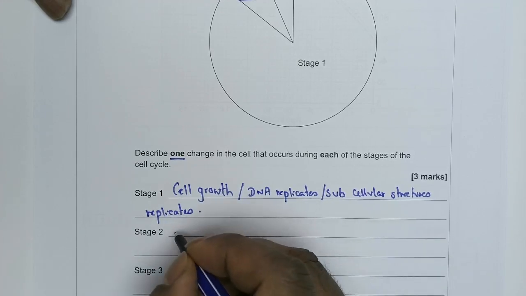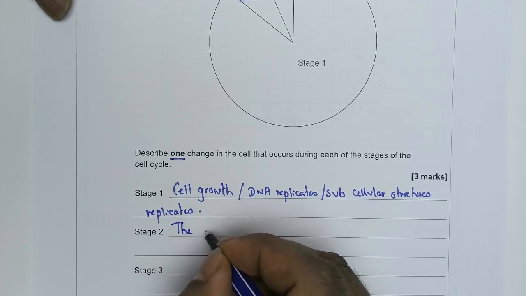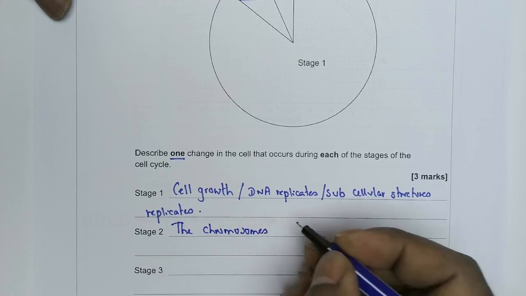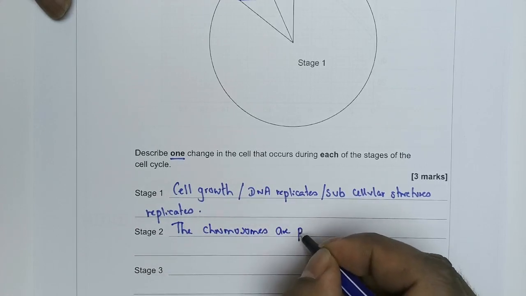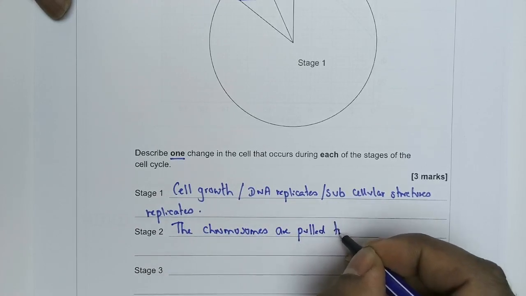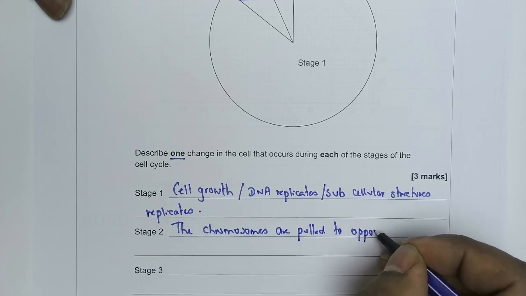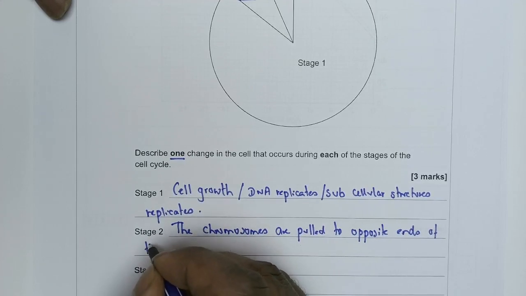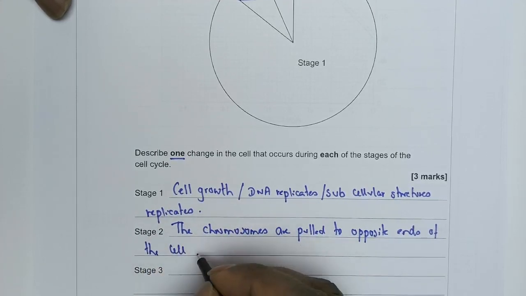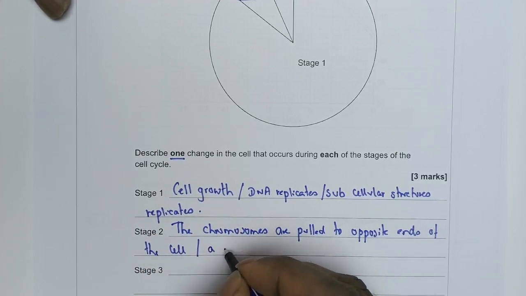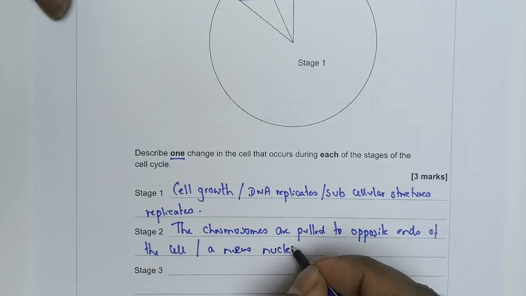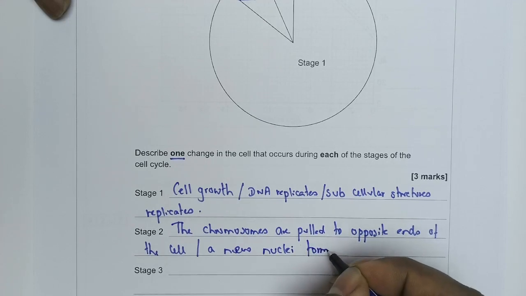So the chromosomes are pulled to opposite ends of the cell, or you could say new nuclei form.